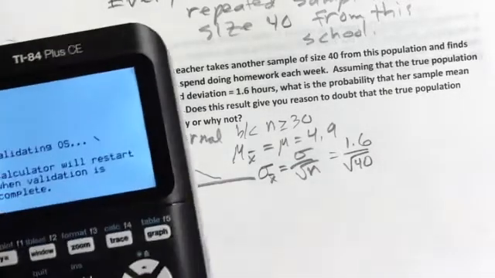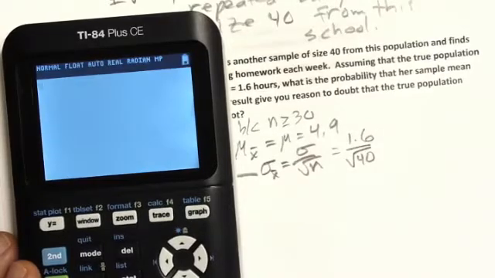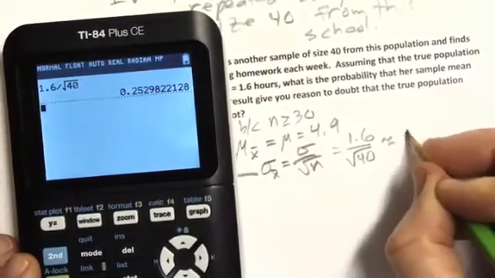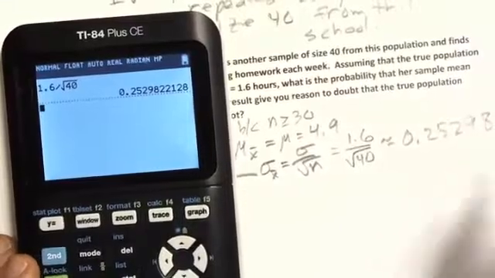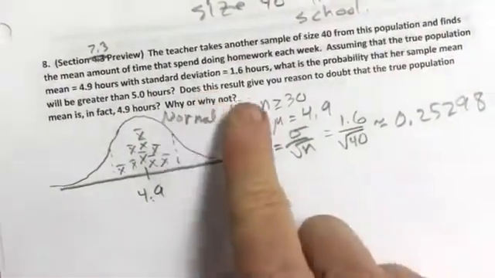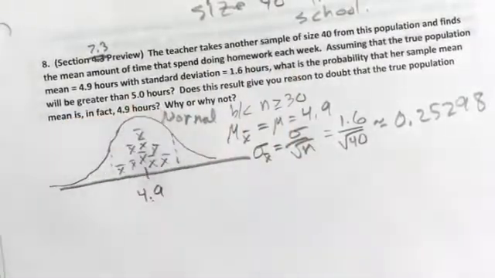And so our standard deviation is going to be 1.6 divided by the square root of 40. And so that, in fact, is approximately equal to 0.25298. Okay, now we can answer the question. What is the probability that our X bar, our sample mean, is greater than 5?